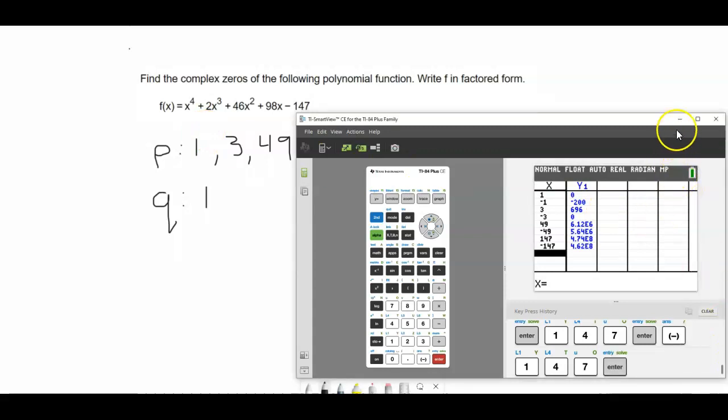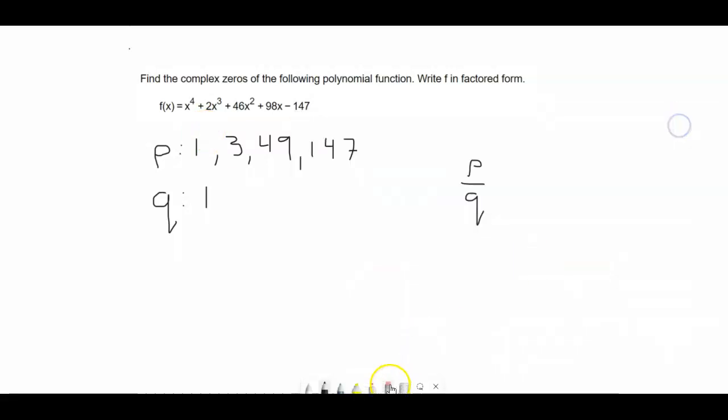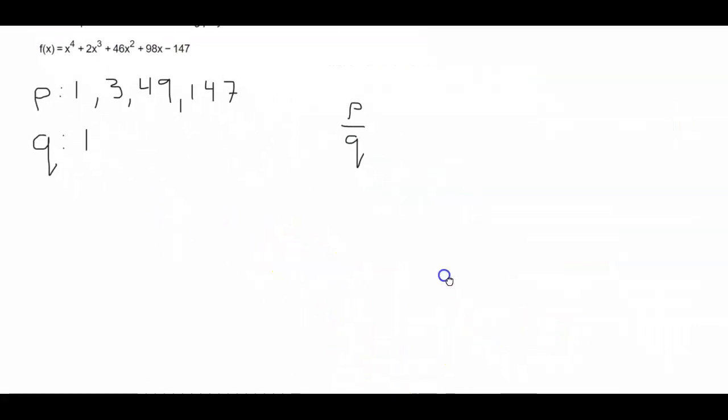All right, so let's start off. We're going to start off by just putting down the coefficients of each of these terms. Remember, if we're missing a term, for example, if it were to go from x to the fourth to x squared, we need to put a 0 in for the x to the third term, but in this case, we're not missing any.